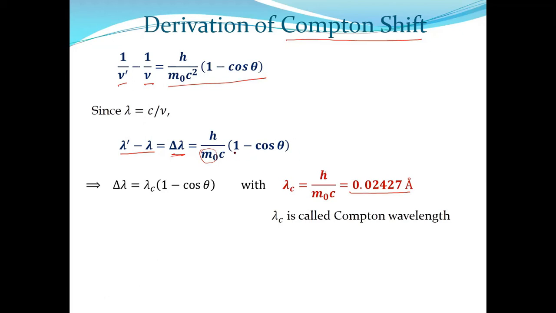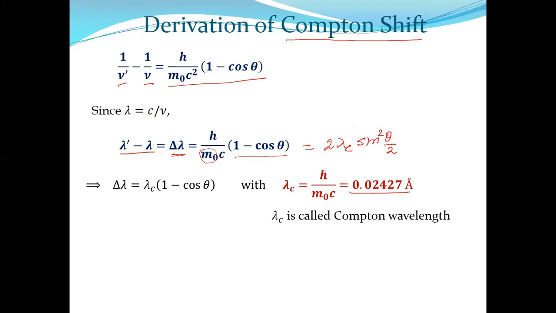Now 1 minus cos theta can also be written as twice sine square theta by 2. Therefore, we can write it as twice lambda c sine square theta by 2, where lambda c is h by m naught c. Either you can write it in the form of 1 minus cos theta or in terms of twice sine square theta by 2, whatever you prefer.